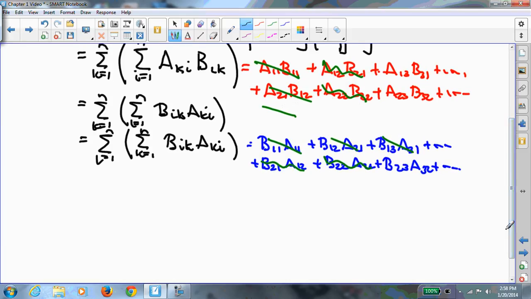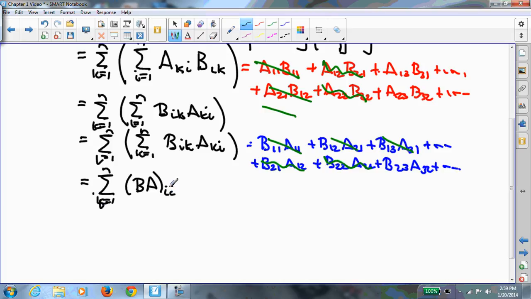But notice the inside summation, now I can think of that as a sum of two different pieces in a row and a column, in two different matrices. I can think of it as row i of matrix B times column i of matrix A. So this would be the ith diagonal element of BA.